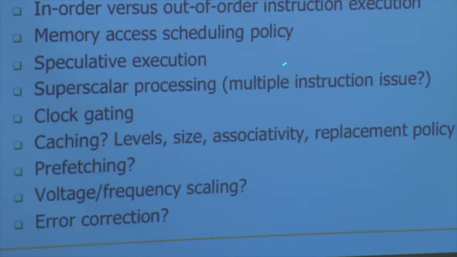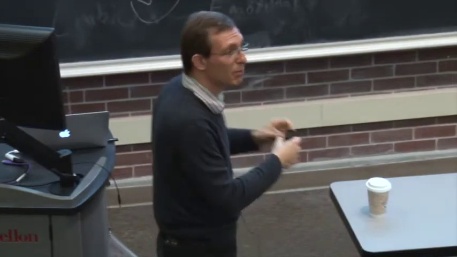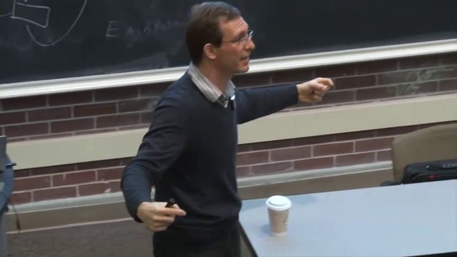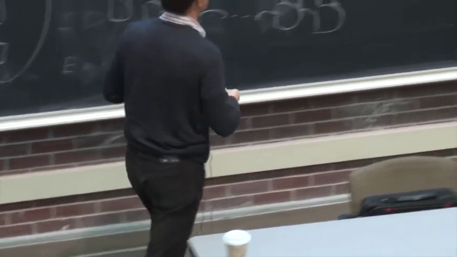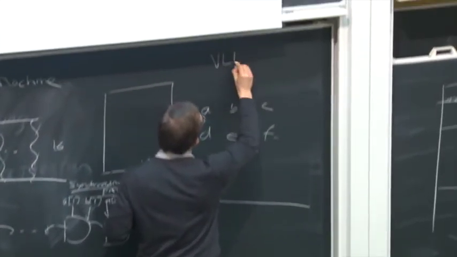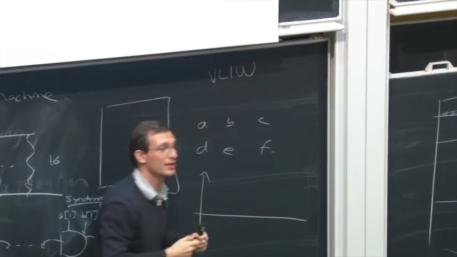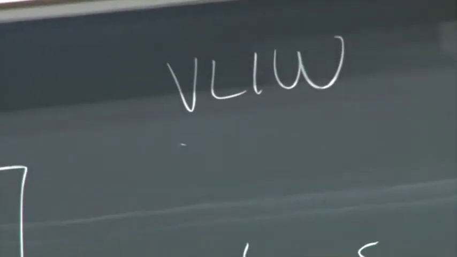But there have been processors that are designed, which we will cover again, that can fetch multiple instructions per cycle in a way that's specified by the software. These are called VLIW architectures, very long instruction word architectures, in which an instruction specifies multiple operations, or multiple instructions, let's say.